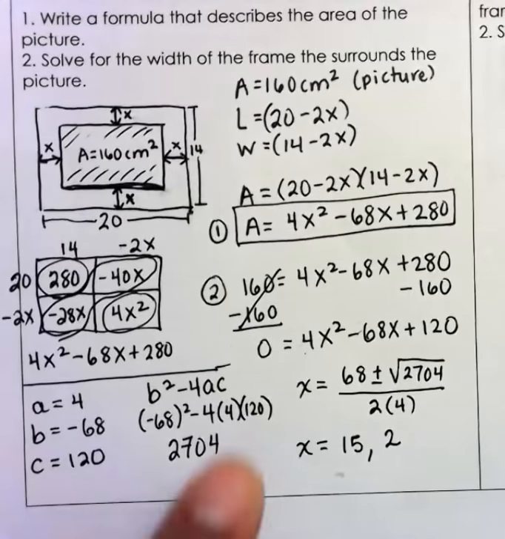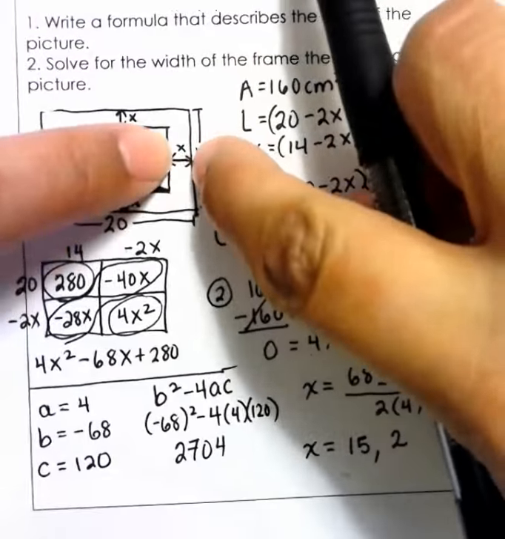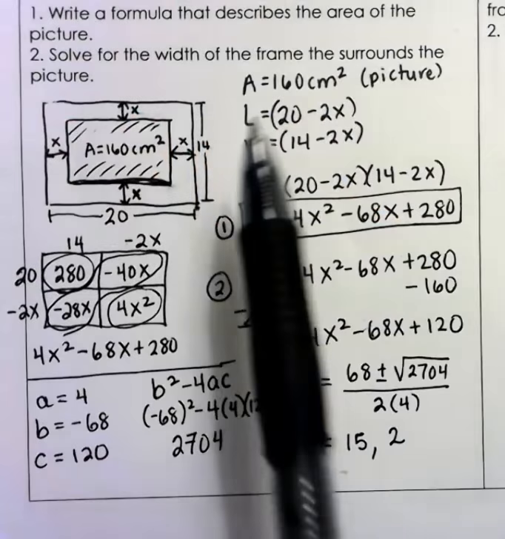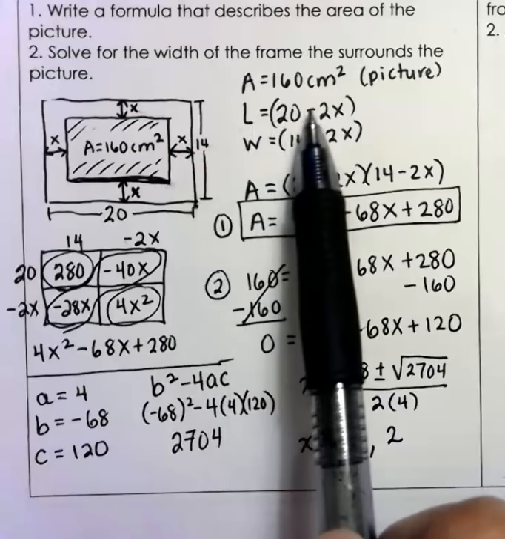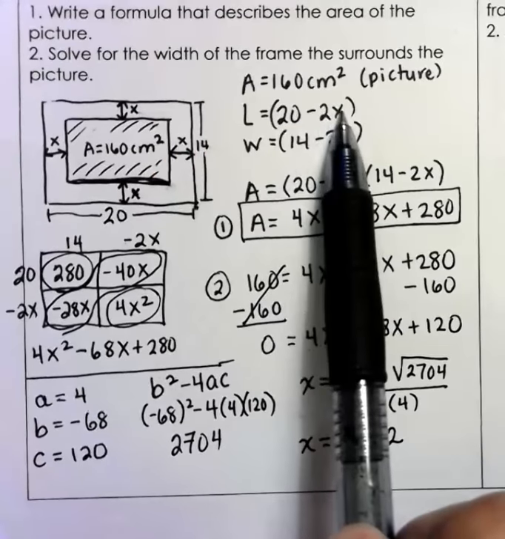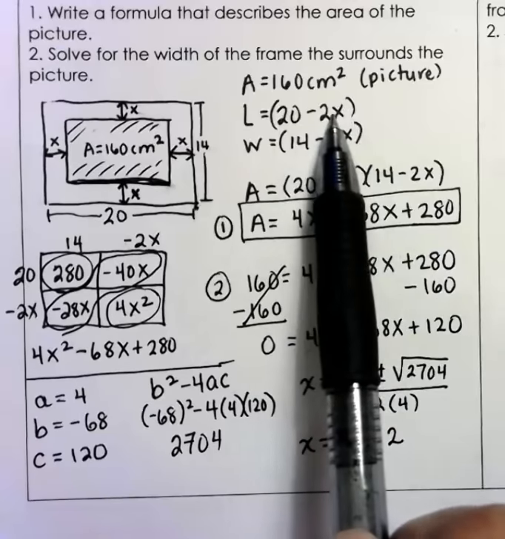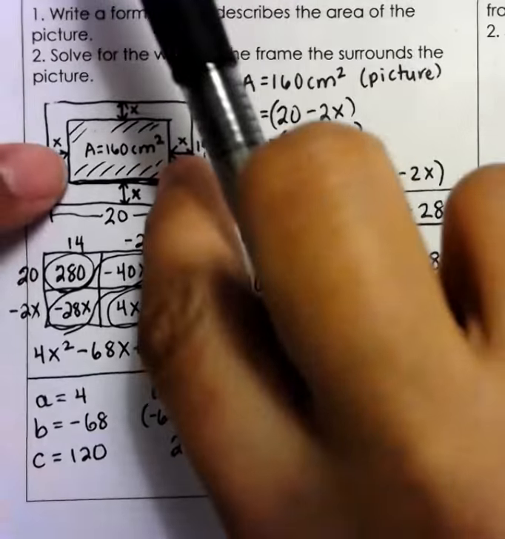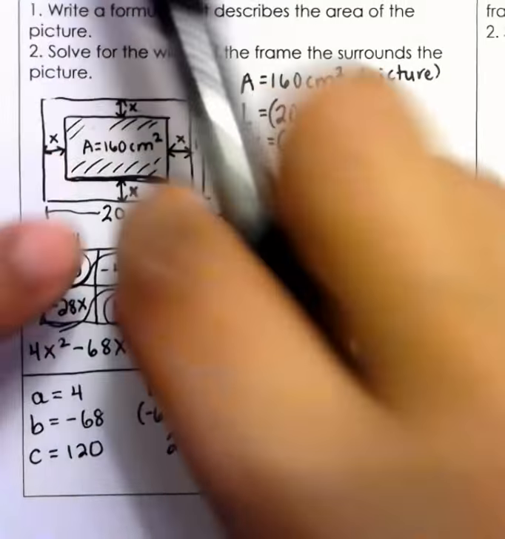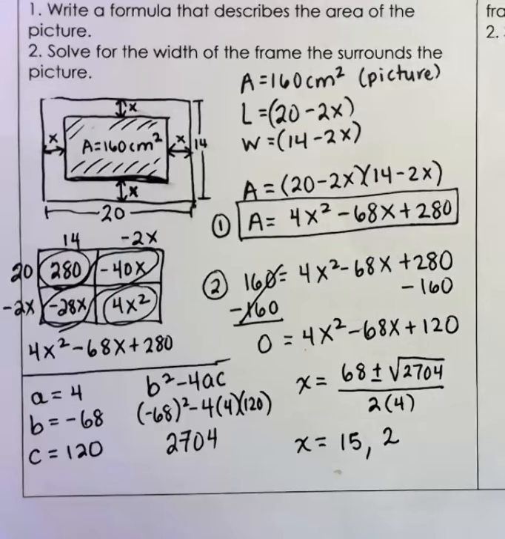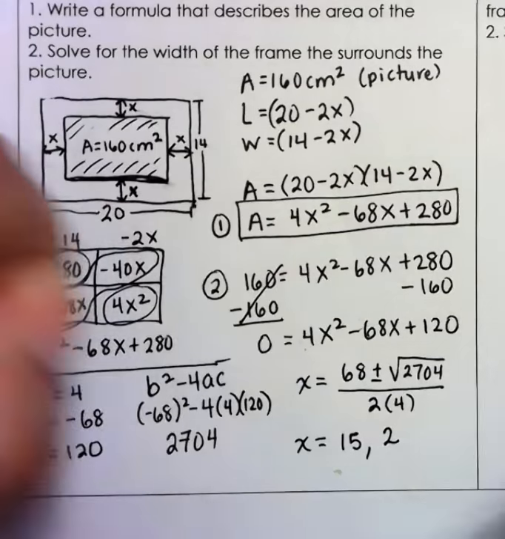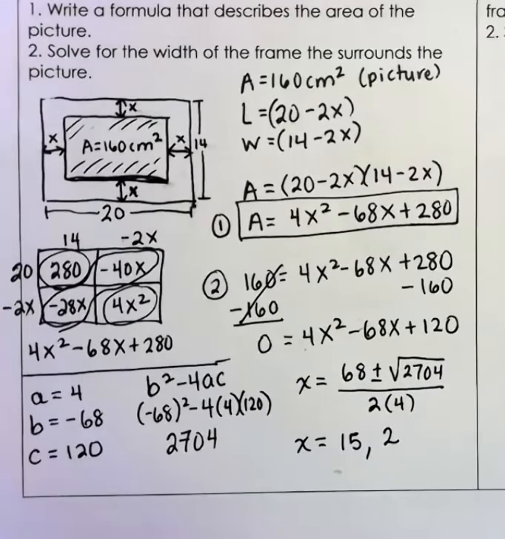Now we're going to try to make some sense of these answers. Now think about it. If x right here were to be a 15, that means the length is going to be 20 minus 2 times 15, which is 30. 20 minus 30 is a negative 10. You can't have a negative length. It doesn't make sense. Length has to be positive. When you measure things, you start off at 0.